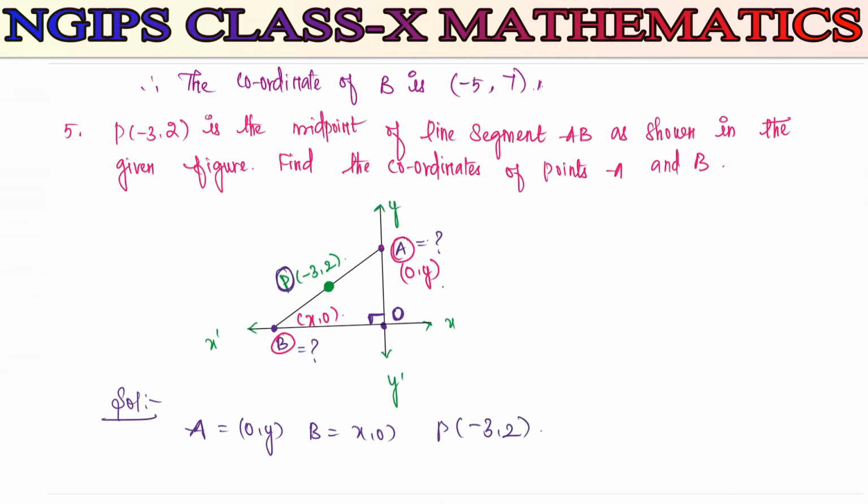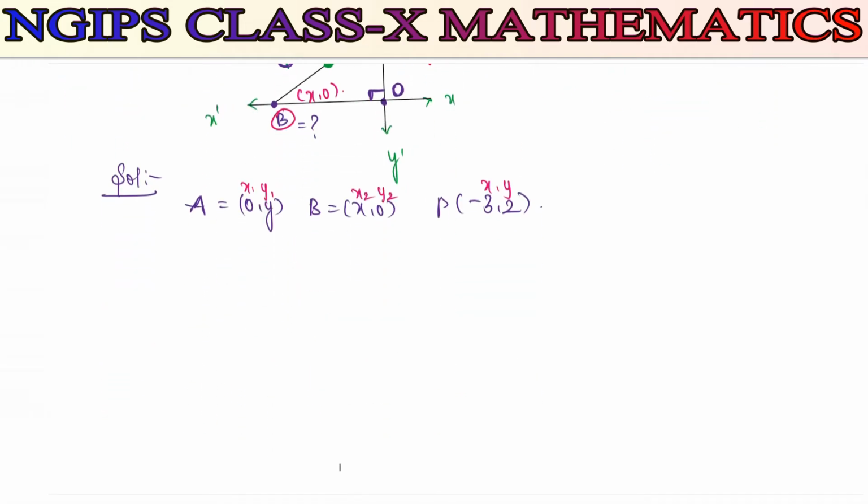Now you can consider the point as x1 y1 and here x2 y2, and this one is x comma y. Here they have given in the question that P is the midpoint. So when it is the midpoint, we are going to apply the midpoint formula.